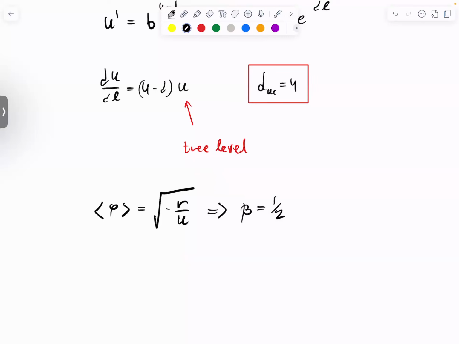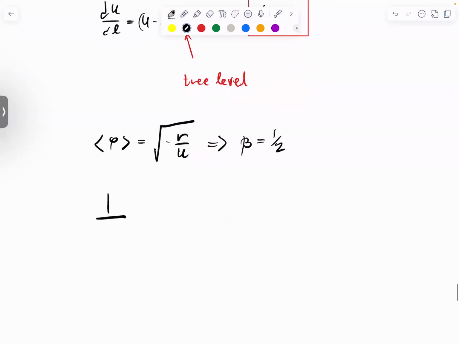The exponent beta. Or if we look at the correlation function g, it is 1 over k squared plus r, which means that we have a correlation length which goes like 1 over square root of r, and that, for example, implies that the critical exponent nu is 1/2.